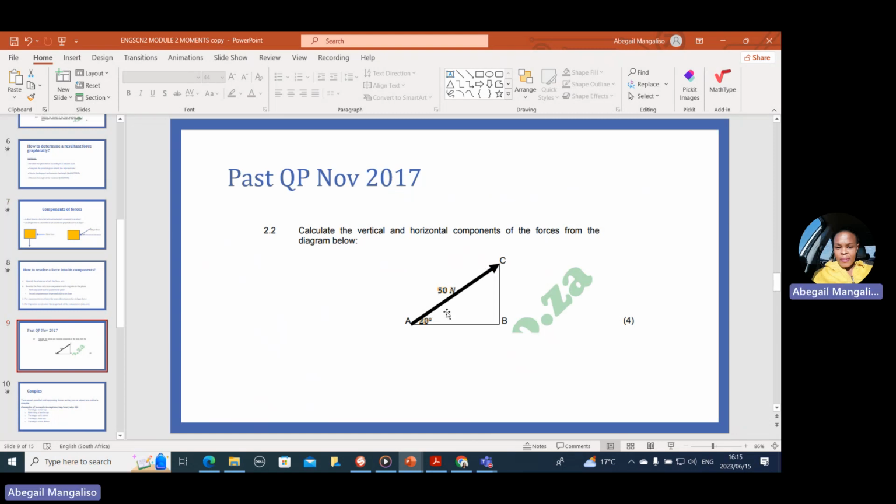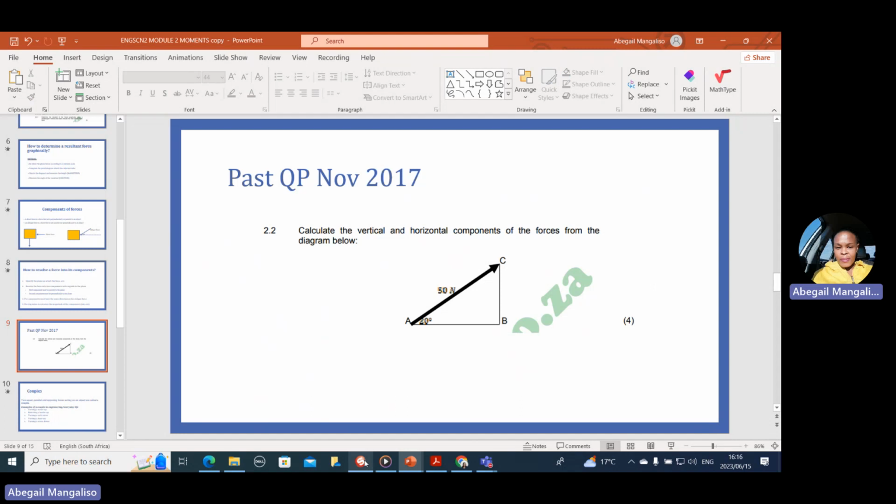So you identify the plane at which the force is acting. You are only given this line from this point to that point, and the angle it makes with the horizontal, this is the horizontal line. So it's acting on this plane. It's 20 degrees. So you close the direction, you close this triangle. You replace this with components.